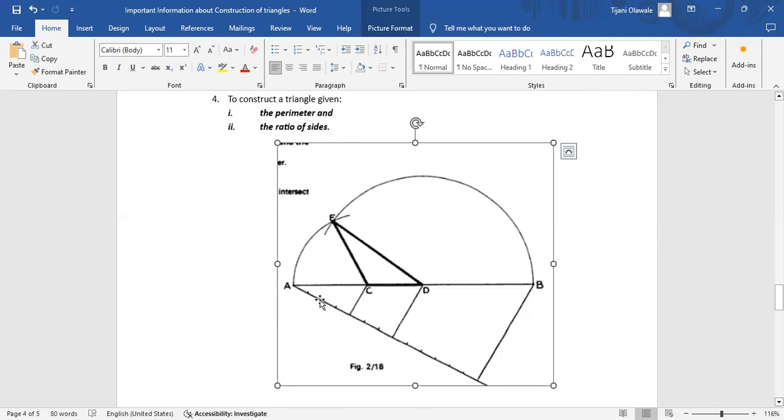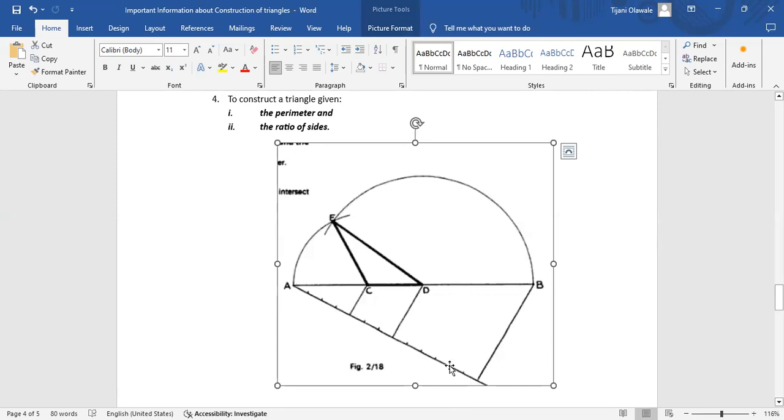Let's count what we have here. This is 1, 2, 3, so that is 3, and this is 1, 2, 3 again. Let me get it right.